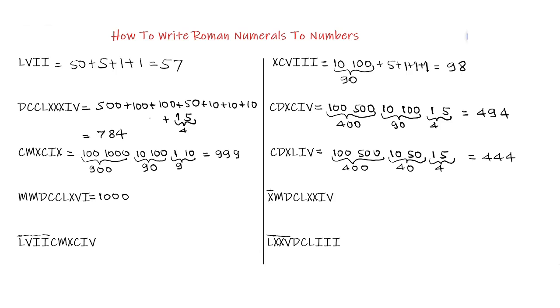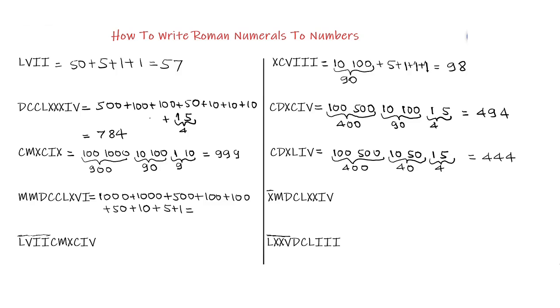Our next Roman numeral is MMDCCLXVI. M is 1000 plus again M is 1000 plus D is 500 plus C is 100 plus 100, L is 50, that is plus 50, X is 10, V is 5, I is 1.